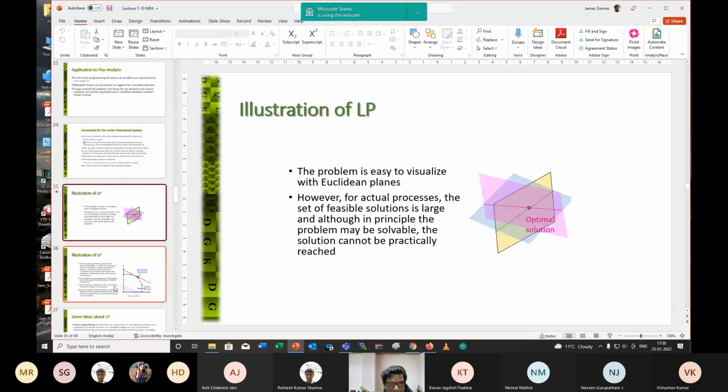Another way to look at this is through visualization of the problem. As you increase the number of dimensions, automatically the level of difficulty changes. But at the same time, you could visualize this as planes that are intersecting in rectilinear coordinates. So in Euclidean planes, when they intersect, you get one point, which is the optimal solution.